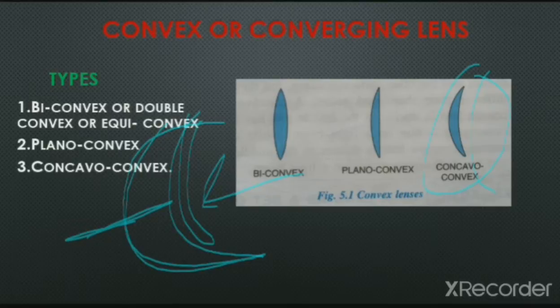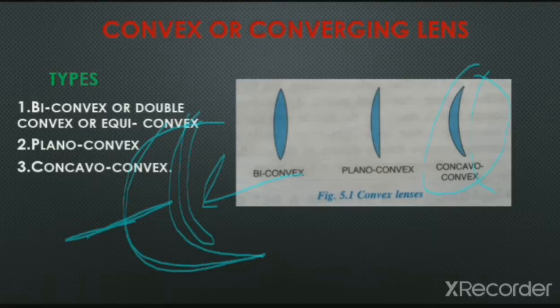This is how we say concavo convex lens. Also this is known as meniscus. When we study in higher classes about the capillarity of a capillary tube, we use this shape as a meniscus. So this is the concavo convex lens.